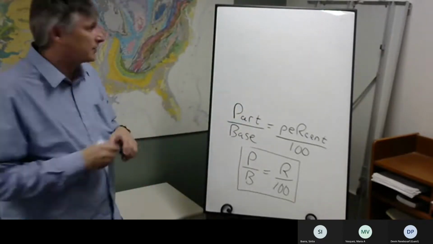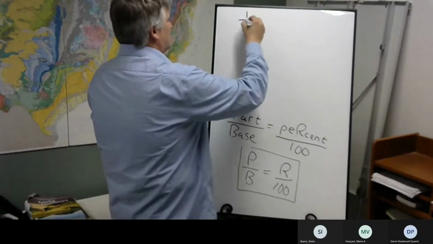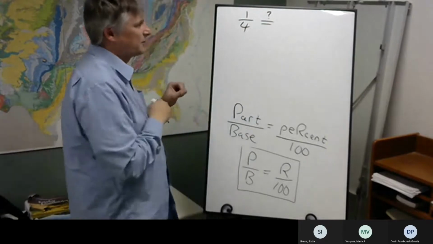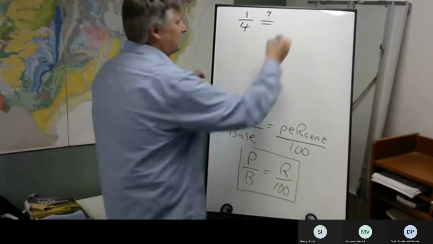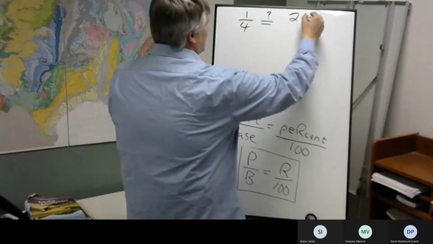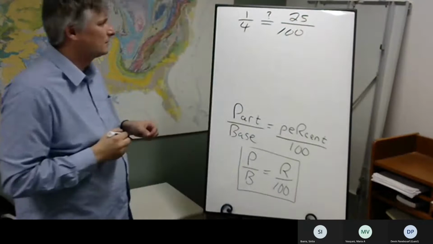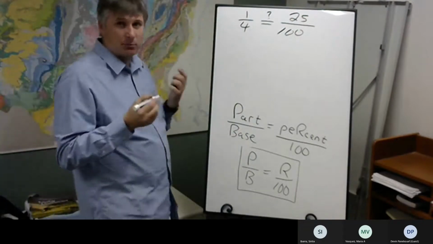So to show you that this works, 1/4 is 25%. So we'll put 25 over 100. Now, 1 divided by 4 is 0.25.